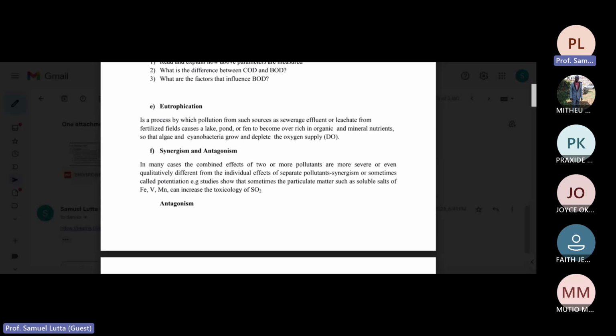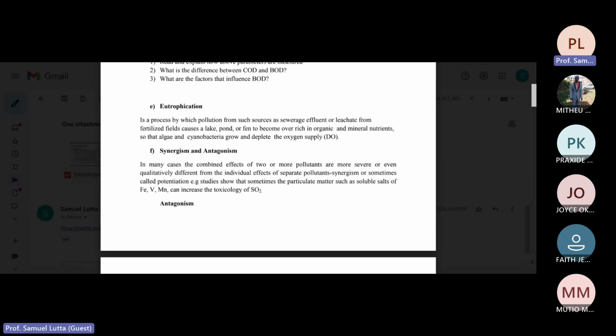We talked about eutrophication. So this one, we said when you have things like sulfate, phosphate, nitrates, these nutrients, if you have an excess of these coming maybe from our homes, when you do laundry, detergents contain some sulfonic acid.